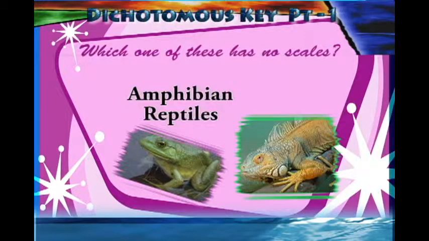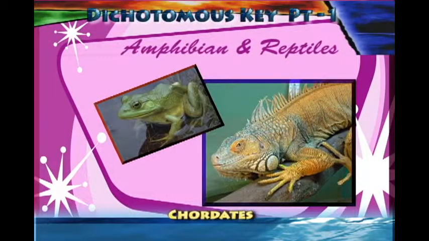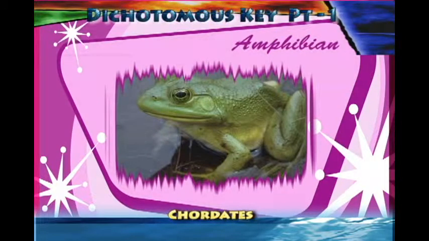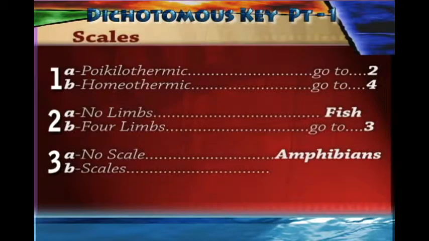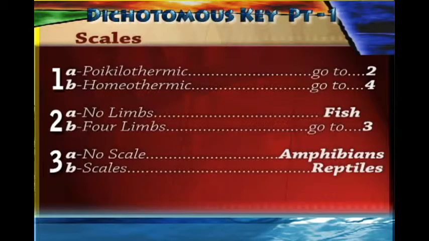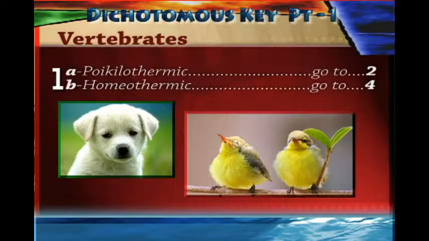When you look at the reptiles and amphibians, you will find that the amphibians do not have scales on their body. So at the end of the question asking which has no scales, we put the identity of the amphibian, and at the question asking which has scales, we put the identity of the reptile.